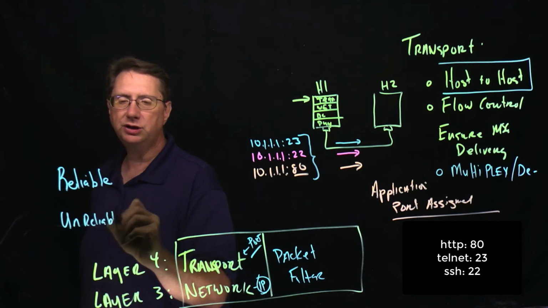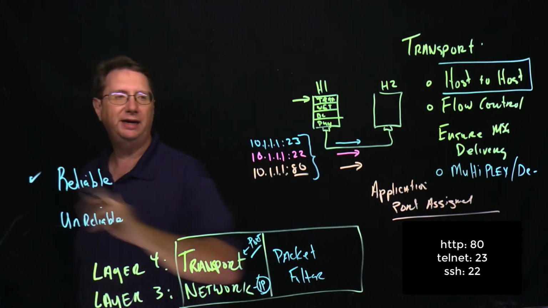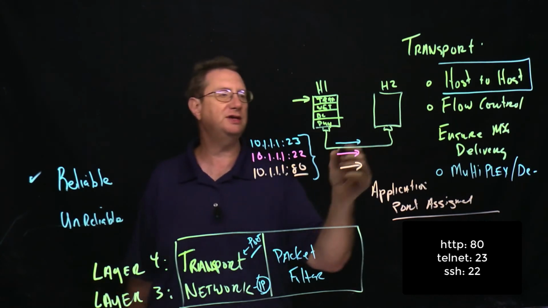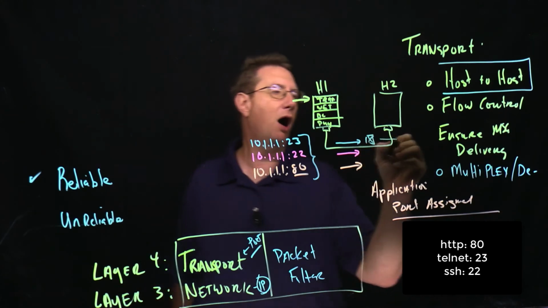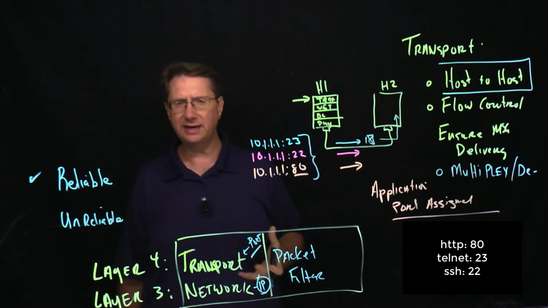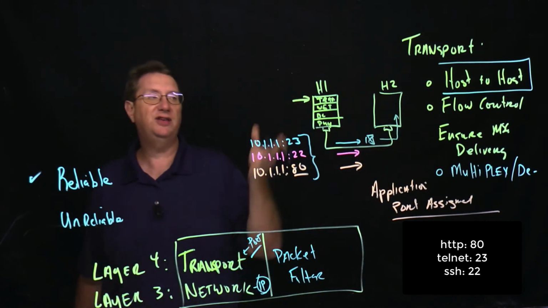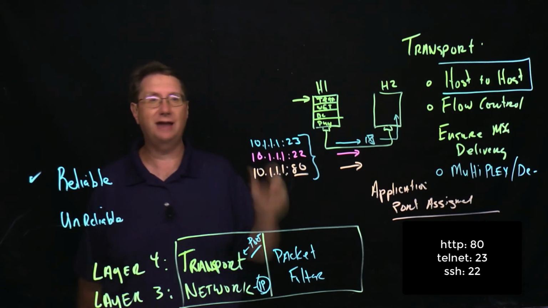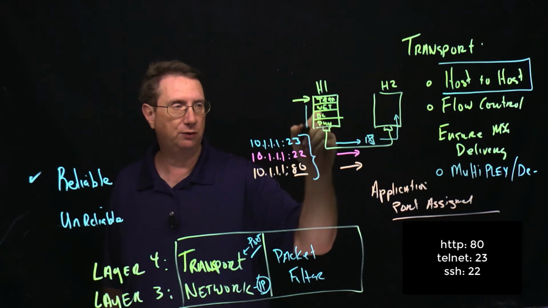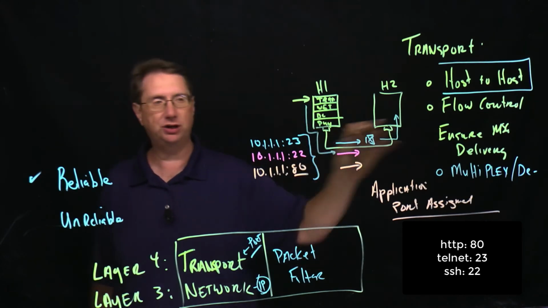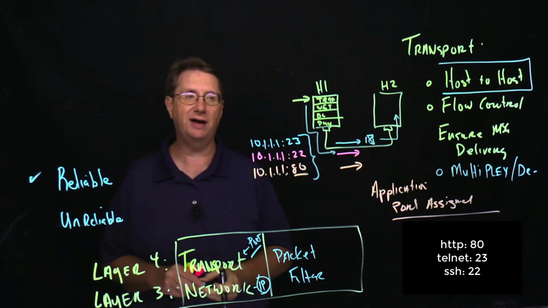Now, you would initially think that reliable would be the primary mode. So if I'm going to send information between these devices, obviously it would make sense that I would want to make certain that this device receives the information that I am actually sending. Because remember, we're encapsulating the information as we move down, and we're sending the information across the link that's shared between the devices.